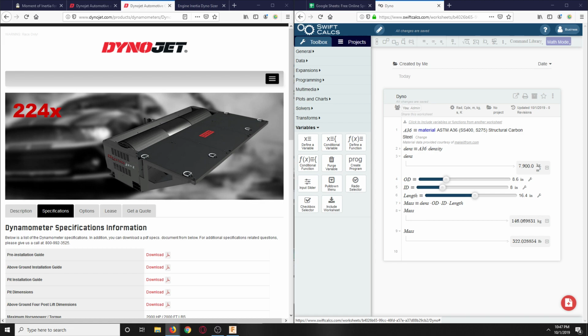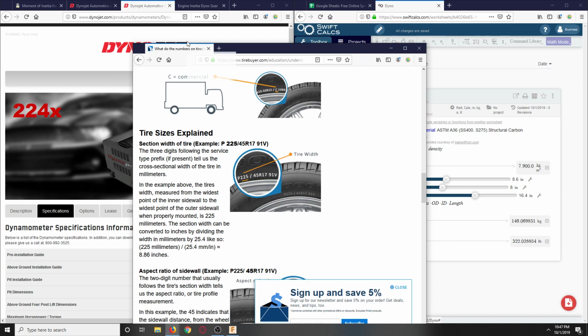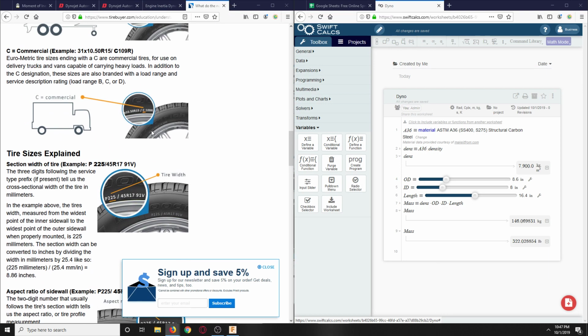In the example above, the tire's width, measured from the widest point of the inner sidewall to the widest point of the outer sidewall when properly mounted, is 225 millimeters. So if you see here it says 225, 45, R17. 225 is the width of the tire in millimeters.